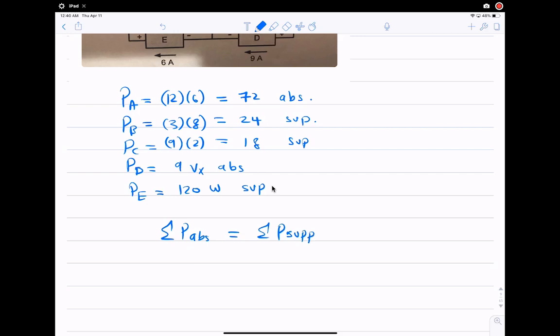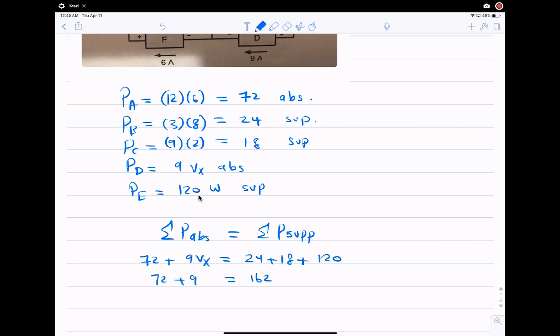So now I'm gonna go ahead and add all the power absorbed, which is 72 plus 9Vx, equals supply, so 24 plus 18 plus 120, all of these are supplied. Now we add all of these, 120 plus 18 plus 24, which is 162.